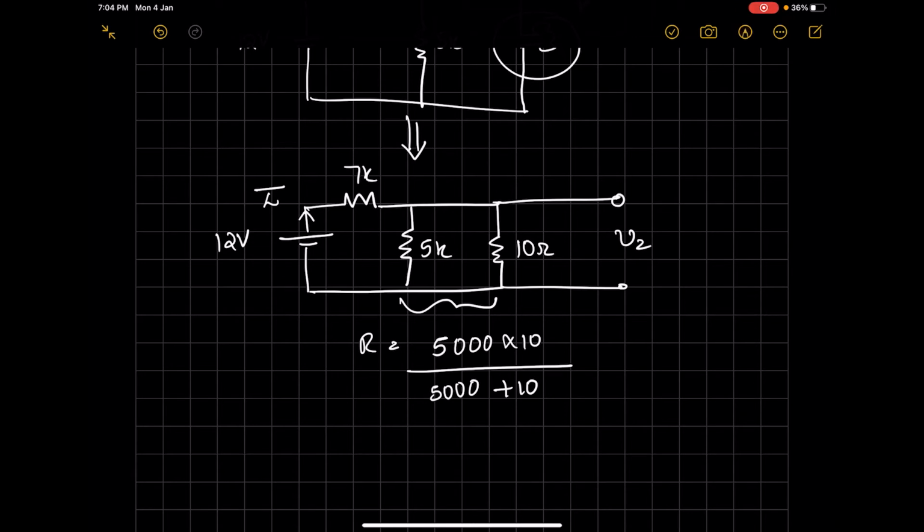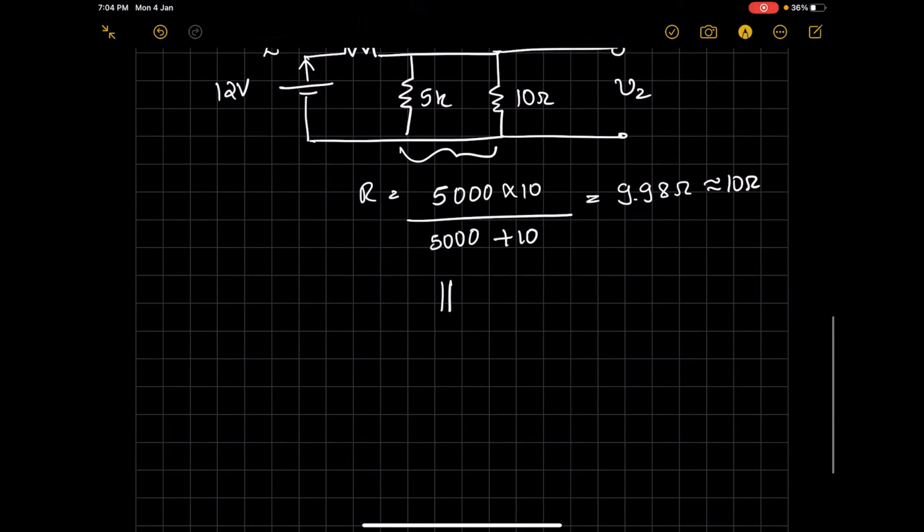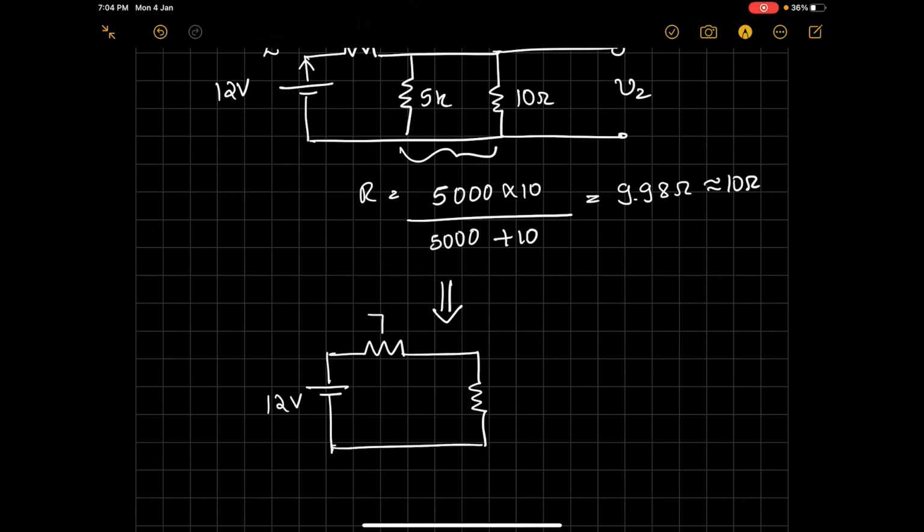So this will be 9.98 ohms. Roughly we can take it as 10 ohms. So the circuit further reduces to a 12 volt supply, 7 kilo ohm and 10 ohm resistance.